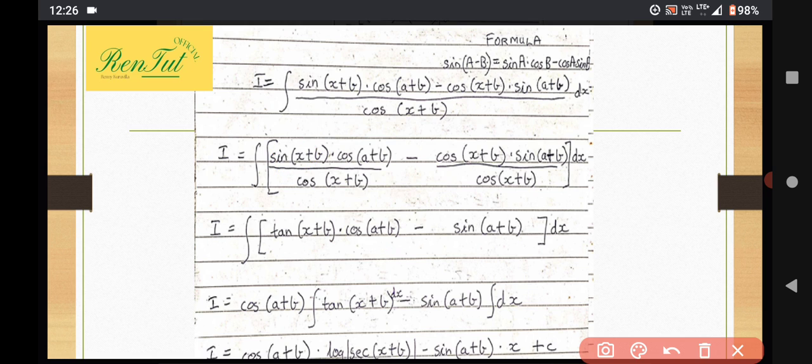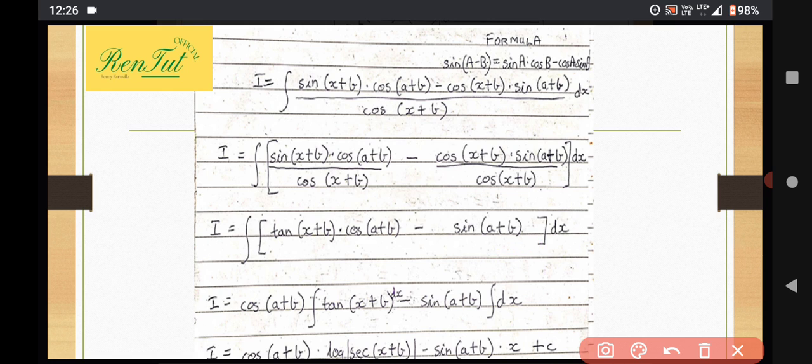And here also cos in the numerator and this cos in the denominator will get cancelled, and sine is the only thing remaining. This sine will be carried forward down, so that is why we put sine over here.